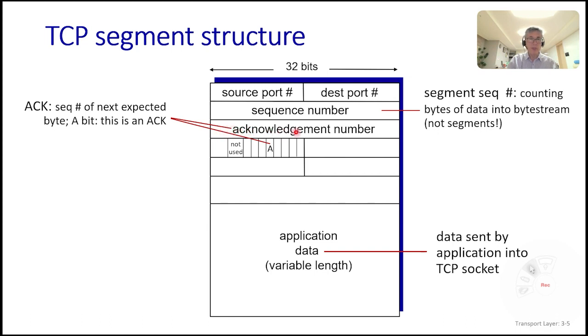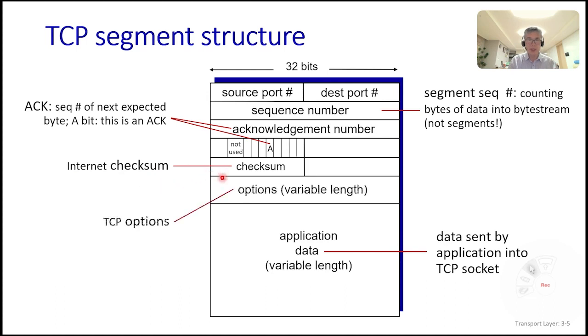The acknowledgement number is usually the expected sequence number in the next TCP segment. TCP also has a lot of flags, and supports a 16-bit checksum like the internet IP checksum to detect bit errors, and it also has options. The last one is the application data payload.